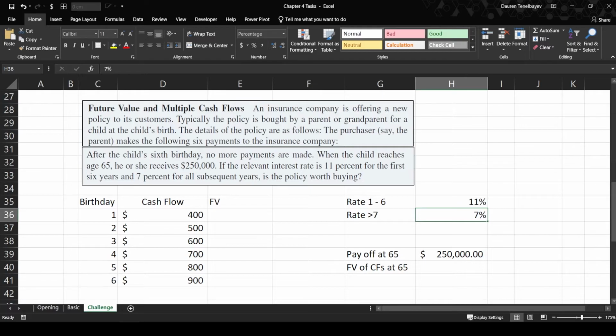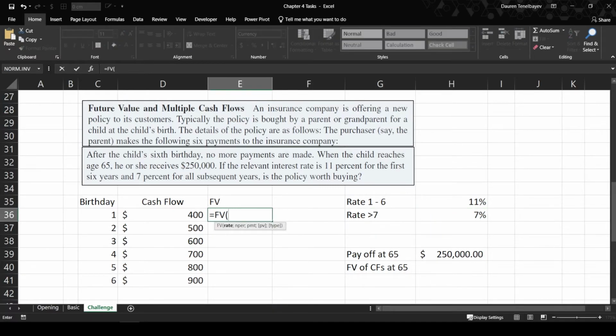is the policy worth buying? We need to find the future value of the premiums to compare with the cash payment promised at age 65. We have to find the value of the premiums at year 6 first, since the interest rate changes at that time. So that's why we use the formula for future value, and the rate is 11%, and we will lock it by clicking the F4 key. And the NPER is different for each cash flow.